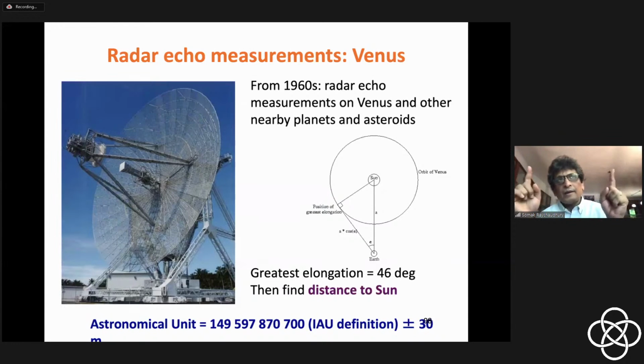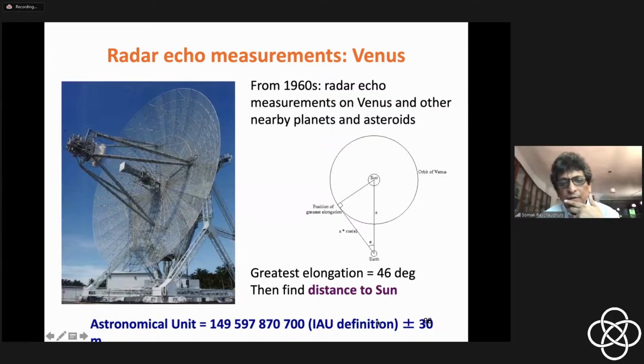You wait for the longest elongation, which means the greatest distance between Venus and the Earth. And if you catch that, then it's a right angled triangle. And if you measure this distance at that time by radar bouncing off Venus, then from this right angled triangle, you can measure this distance of the Sun, right? Because you know this angle, you can measure the distance of the Sun.